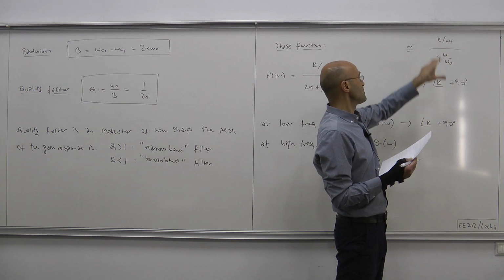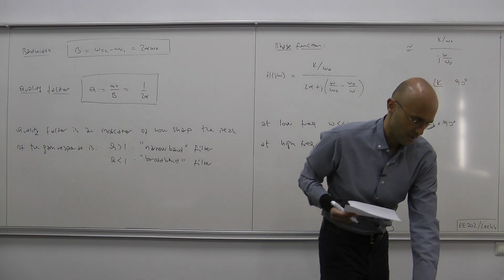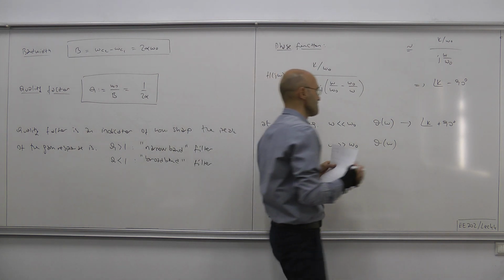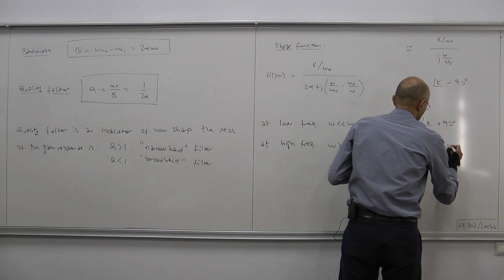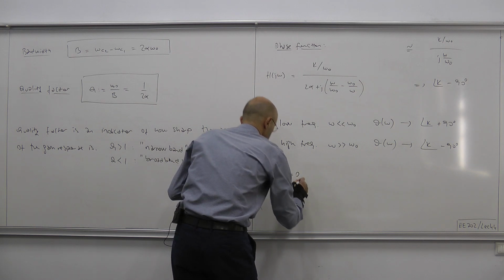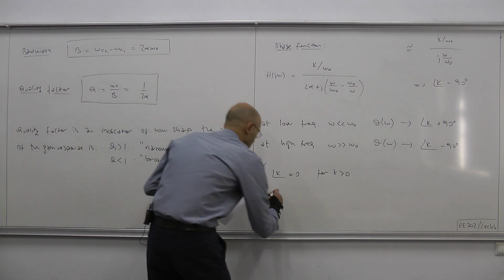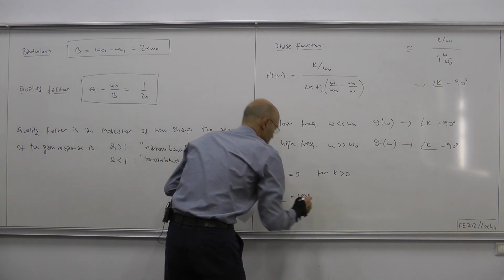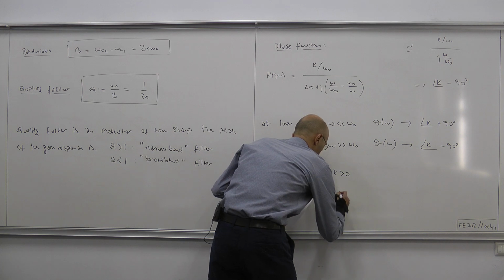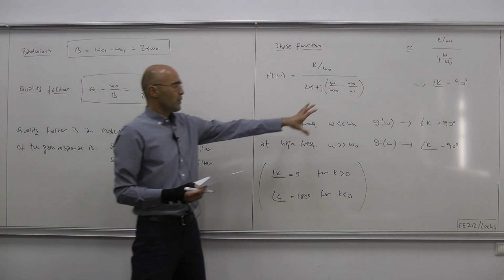Therefore, what we have as the overall phase is the phase of k minus 90 degrees when the frequency is high. The phase of k is 0 if it's a positive number. Otherwise, it introduces a phase of pi radians or 180 degrees if k is negative.